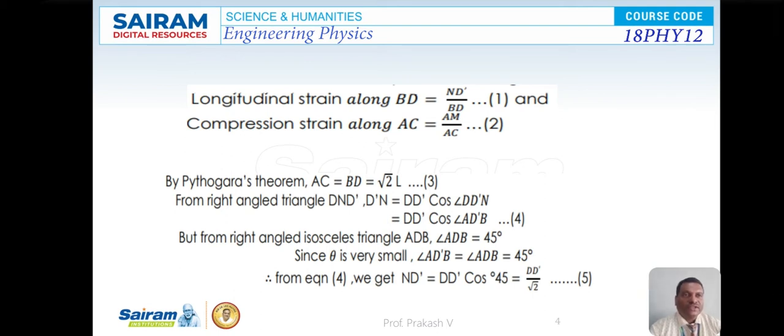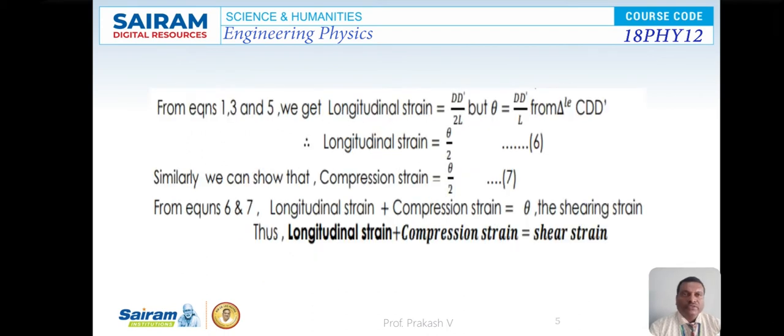Consider this as equation number 5. From equations 1, 3 and 5, we get longitudinal strain is equal to DD dash by 2L, but theta is equal to DD dash by L. So from triangle CDD dash, the longitudinal strain is equal to theta by 2. That is considered as equation number 6.